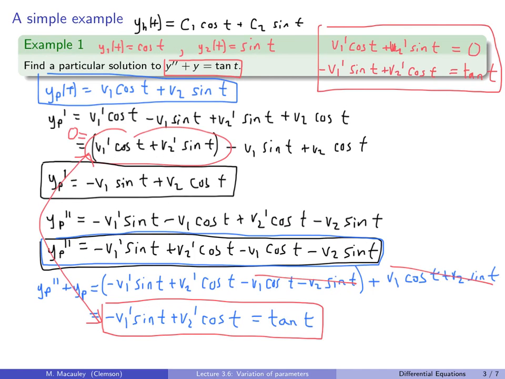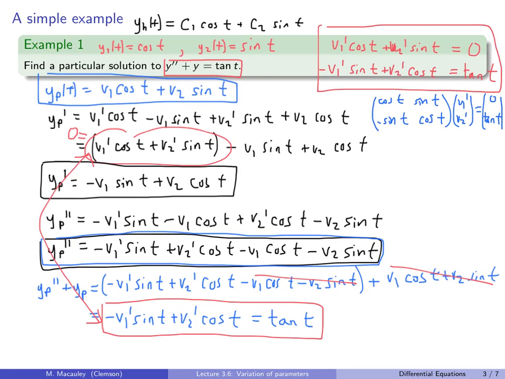First of all, if we wanted to, we could write this as cosine of t, sine of t, negative sine t, and cosine of t times v1 prime, v2 prime equals 0 and tangent of t.